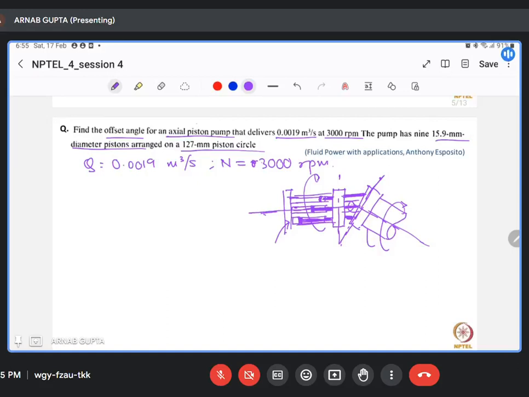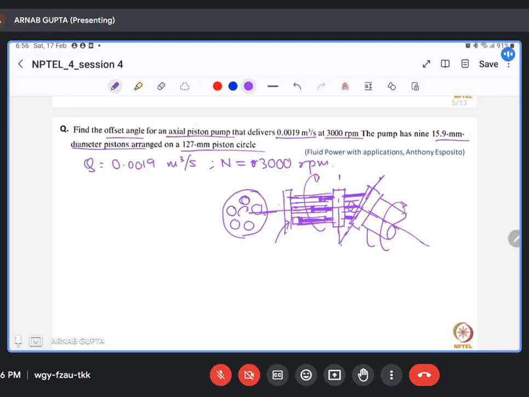And as a result, what happens? This entire piston system, if we look at the side view, is also rotating. The cylinders are rotating, and these rotating pistons are also getting reciprocated along the length of the cylinders.